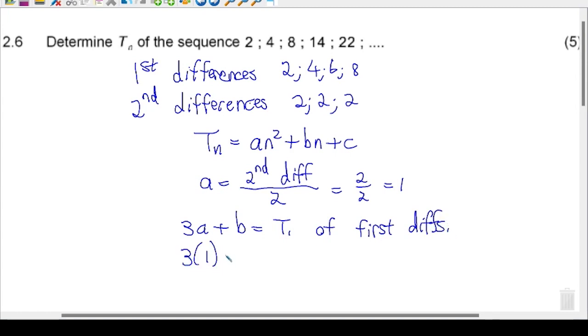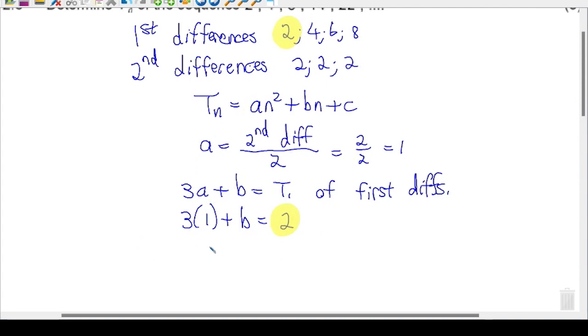We also know that a is 1, so 3 lots of 1 plus b is in fact 2, and that 2, I'm going to highlight it, is just that 2, which is the first term of the first differences. There's the highlighter. Right, there we go. Now, there's only one variable left in there. If I subtract 3 from both sides, I get b equals minus 1.